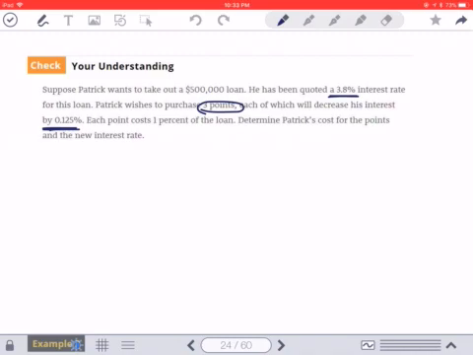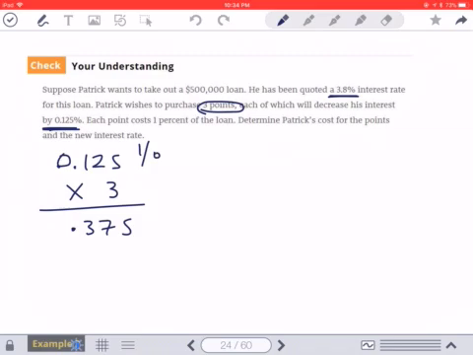Okay, determine the cost and determine how much it's going to save them and how much it's going to change your interest rate. So I have 0.125%. I'm going to multiply that by 3. When I do that, this should be 0.125%. That is going to be 0.375%. Okay, if this is 1/8 of a percent times 3, this will be 3/8 of a percent.